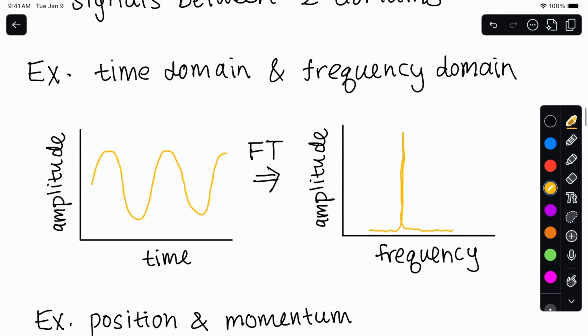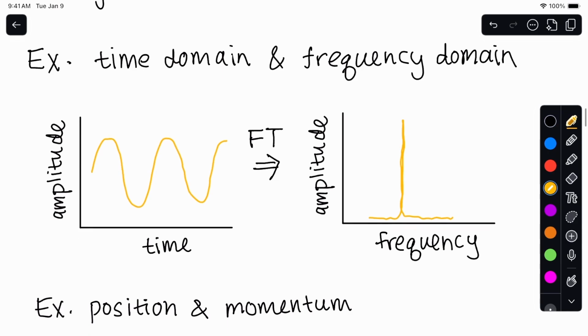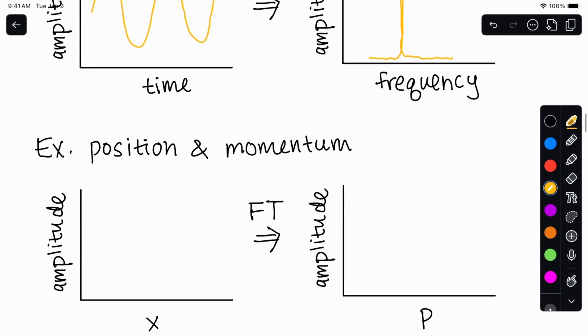Another common example that you may hear about for Fourier transform is position and momentum space. And a good example that I would like to use for this is an electron. An electron is a quantum mechanical particle, and quantum mechanical particles don't have a definite notion of properties. Just like a qubit, an electron doesn't have a definite position or momentum. It has some wave function that is a superposition of positions and momentum.